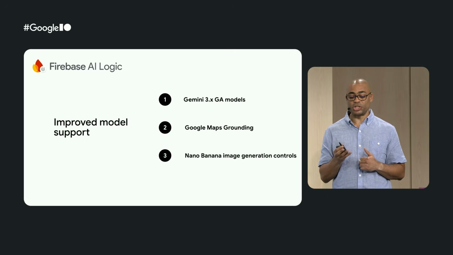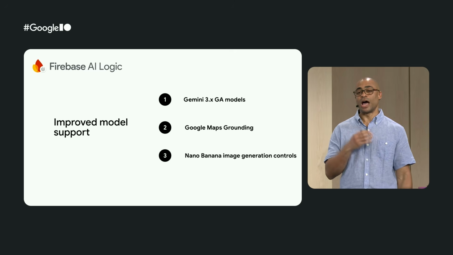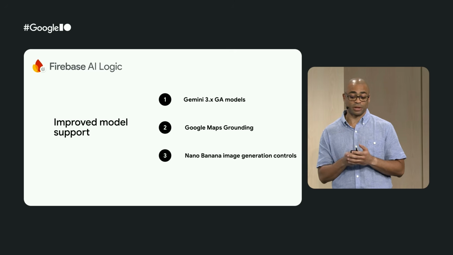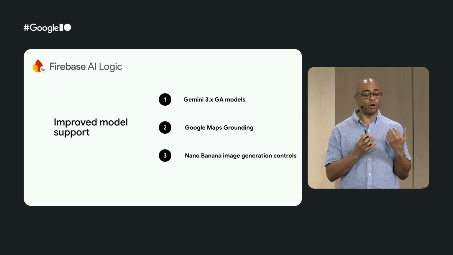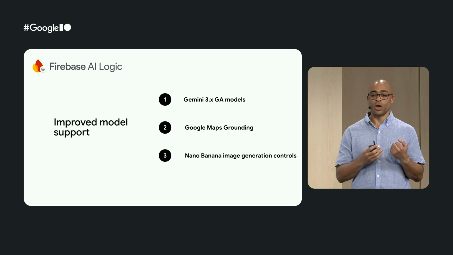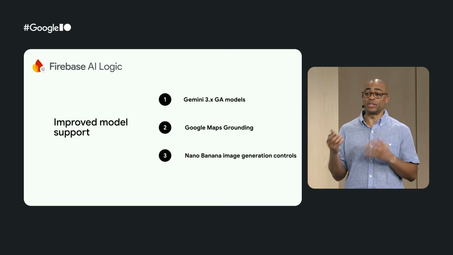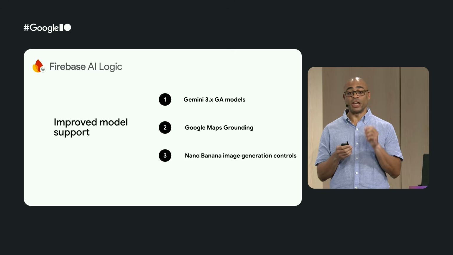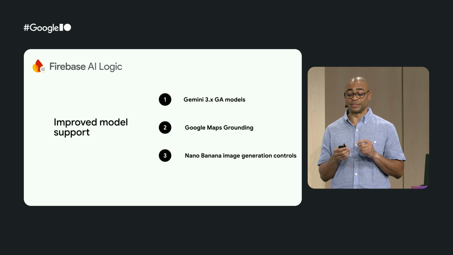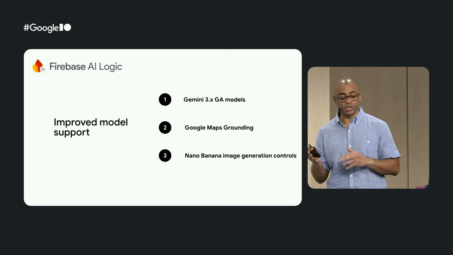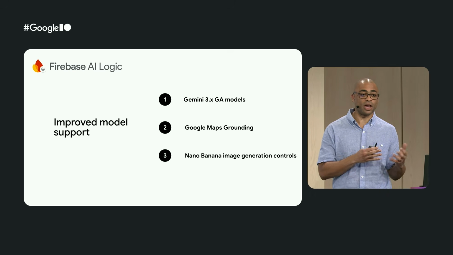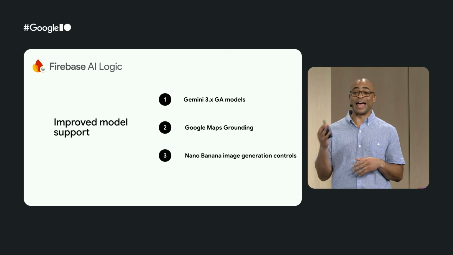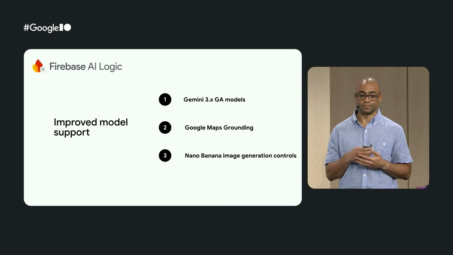Nano Banana image generation controls are also available from AI Logic. This brings programmatic control over aspect ratios and image sizes. We're also exposing finish reasons. So when image generation completes, whether it's a failure or a success, you can handle that within your app.